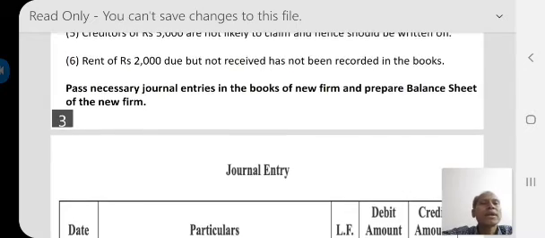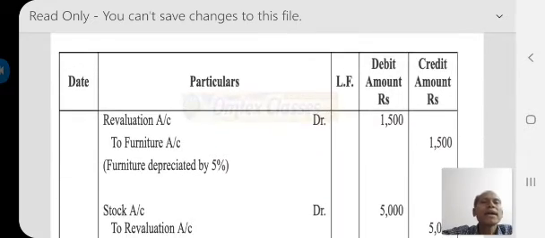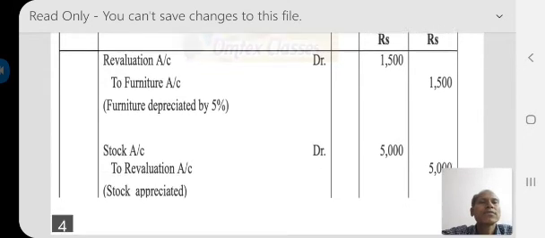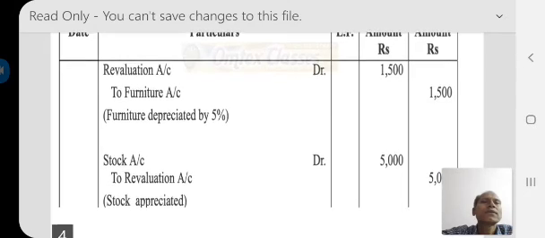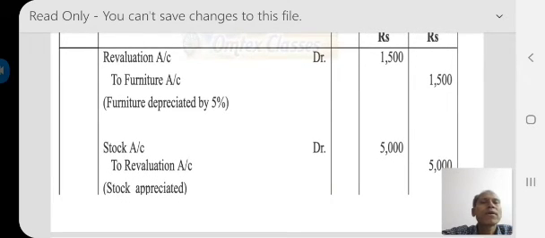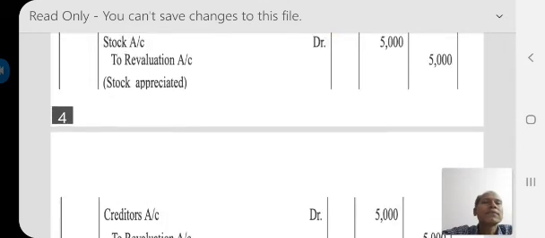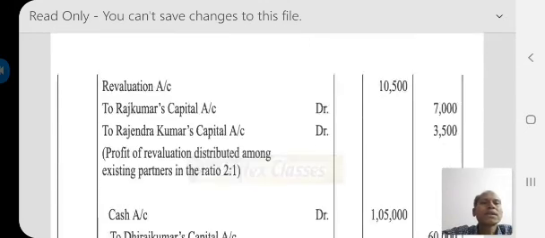So it should be mentioned at the credit side. Like that, we can do this kind of problems regarding the admission of the partner very easily. Already, we have seen all these journal entries.